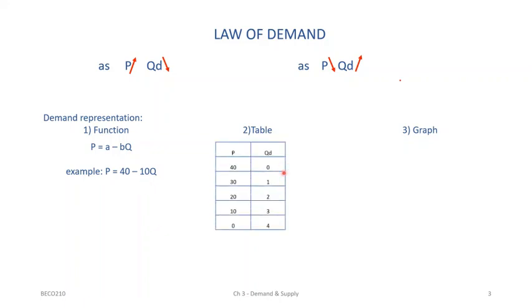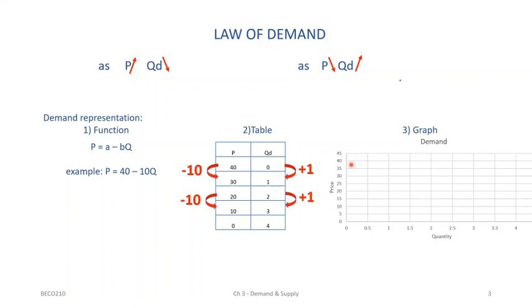Also, using a table, you can see that here we have the price and the quantity demanded for each price. Whenever the quantity demanded increases by 1 unit, the price decreases by 10.